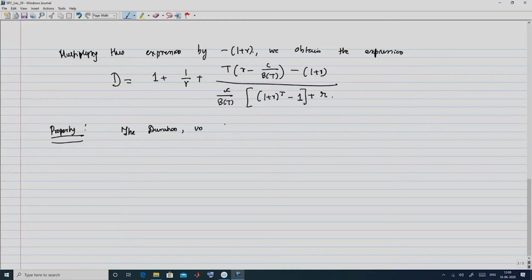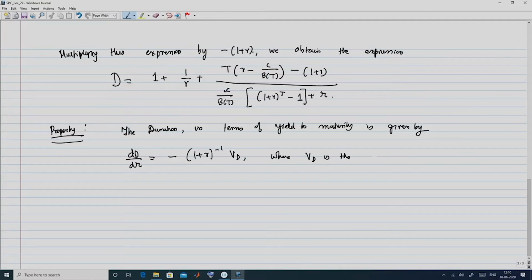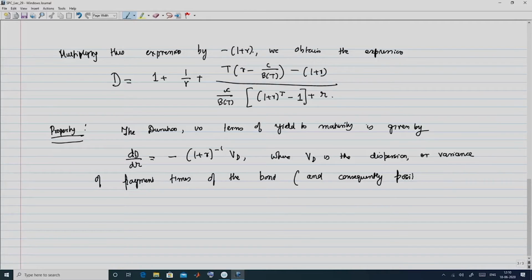So, the duration in terms of yield to maturity is given by dD/dr is equal to minus 1 plus r raised to minus 1 into Vd, where this new notation Vd is the dispersion or a variance of payment times of the bond, and consequently this is positive. So, the proof for this goes as follows.